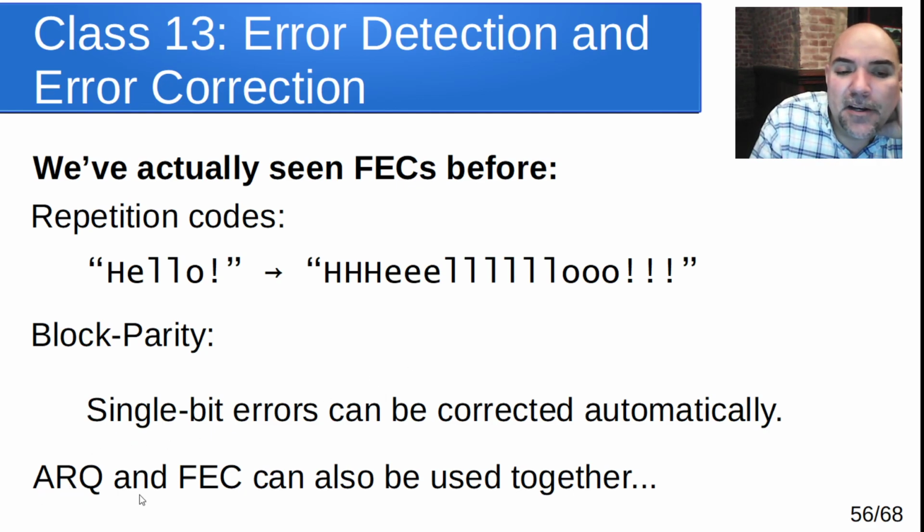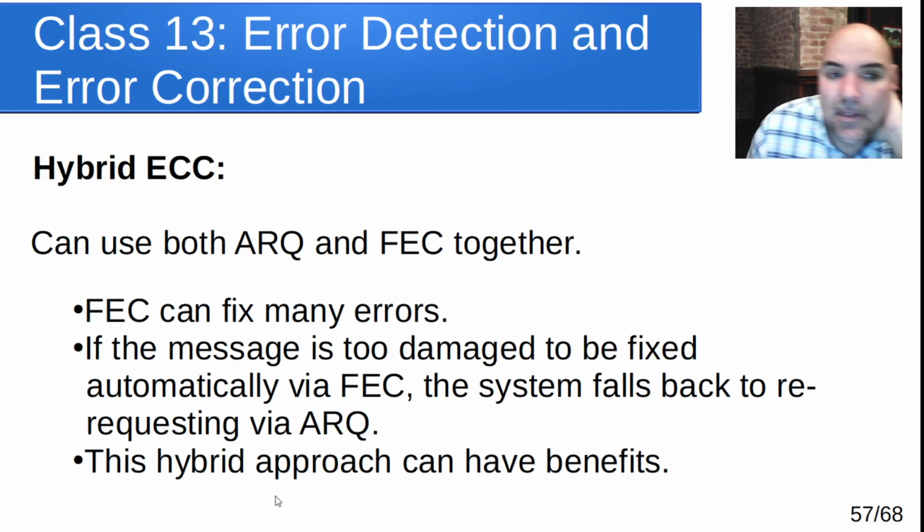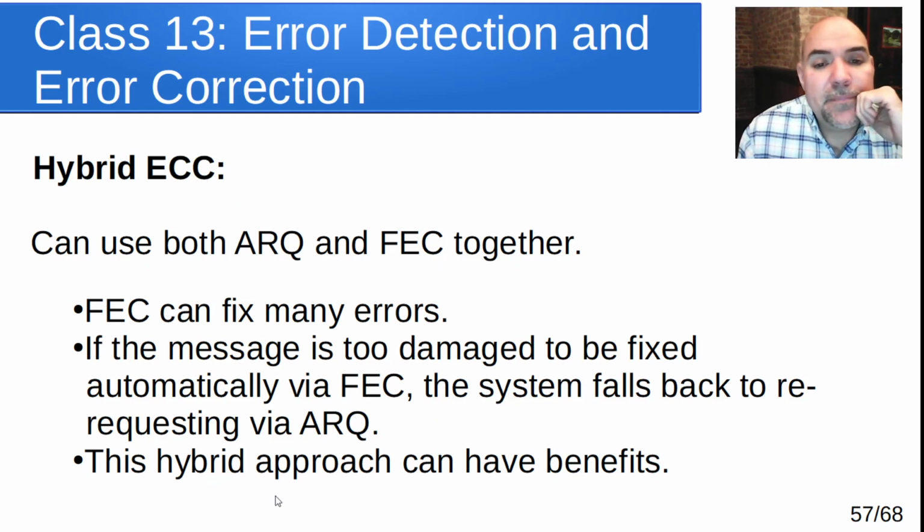Also notice that ARQ and forward error correcting codes can be used together. In other words, you could have a system that corrects things, but if it's too messed up, then it re-requests it. So you cut down on the amount you have to use the back channel that way. That's usually called a hybrid ECC or hybrid error correcting code, where you use both an ARQ and a forward error correcting code together.